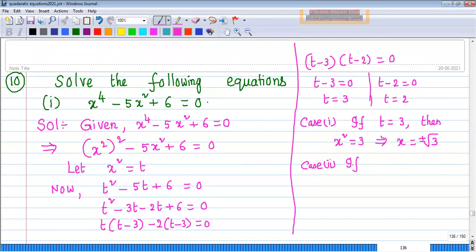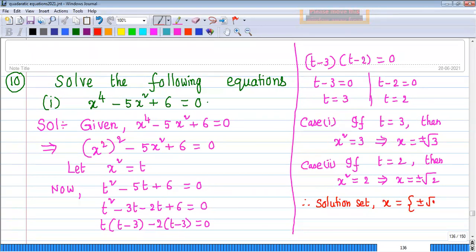If t is equal to 2, then t stands for x square, so we have x square is equal to 2. That implies x is equal to plus or minus root 2. So therefore the solution set is x equals plus or minus root 2, plus or minus root 3.